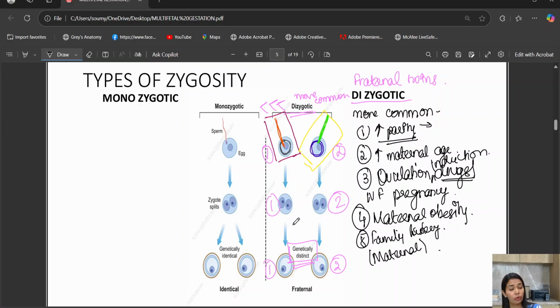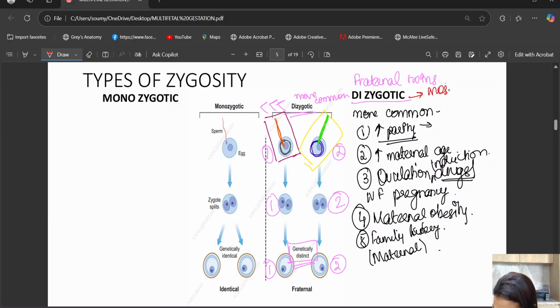Okay? Good enough. Now, if there are these factors that can cause an increase in dizygotic twins, is there a subpopulation that sees dizygotic twins more commonly than the rest of the world? Yes, there is. Nigerians.